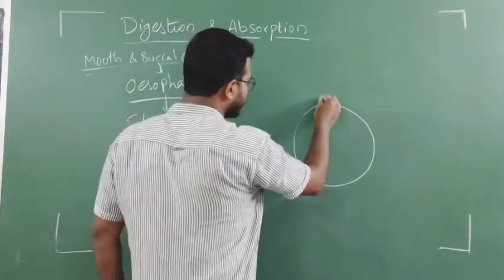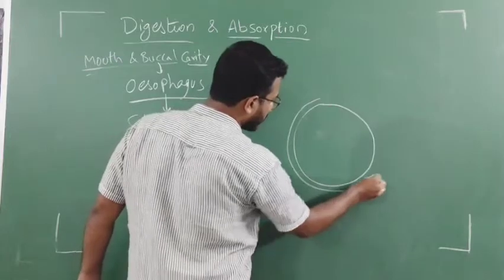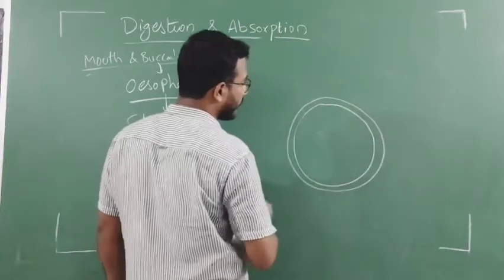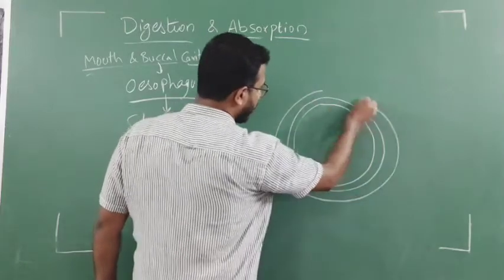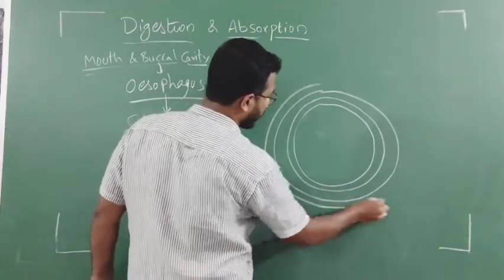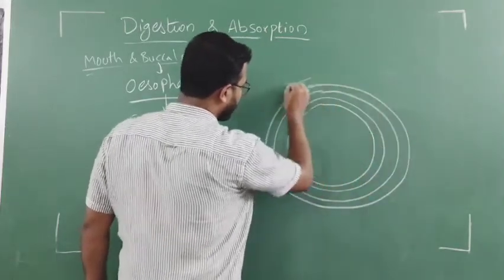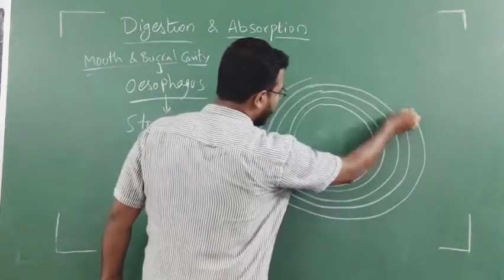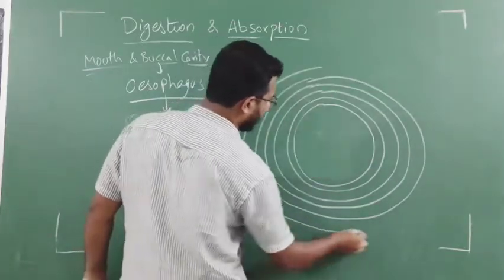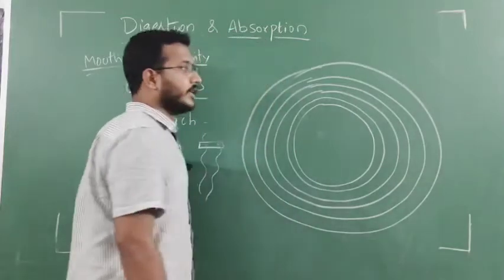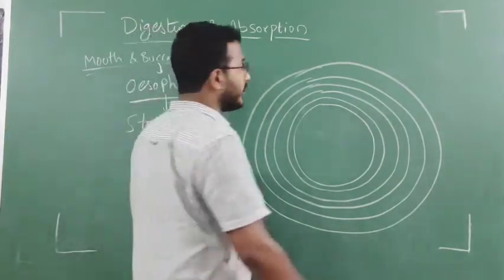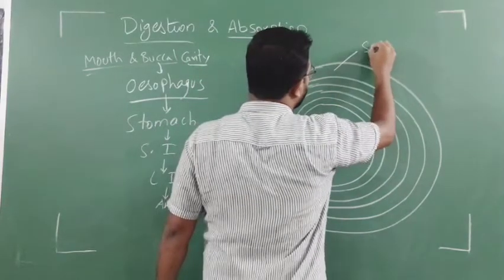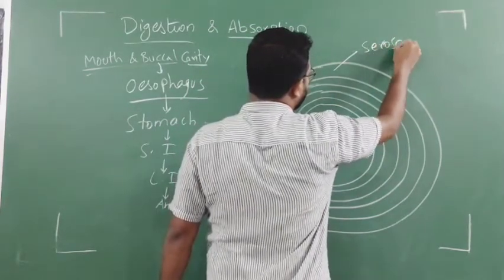So what are those? This is the alimentary canal, and this upper layer is known as serosa.